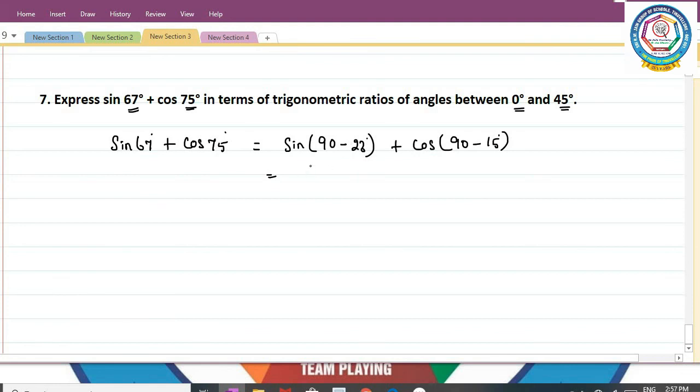Here theta represents 23, plus cos (90 minus theta) is sin theta. Here theta represents 15. So sin 15. Now you check, I converted into angles between 0 and 45 degrees. See here 23 degrees is coming, here 15 degrees is coming.